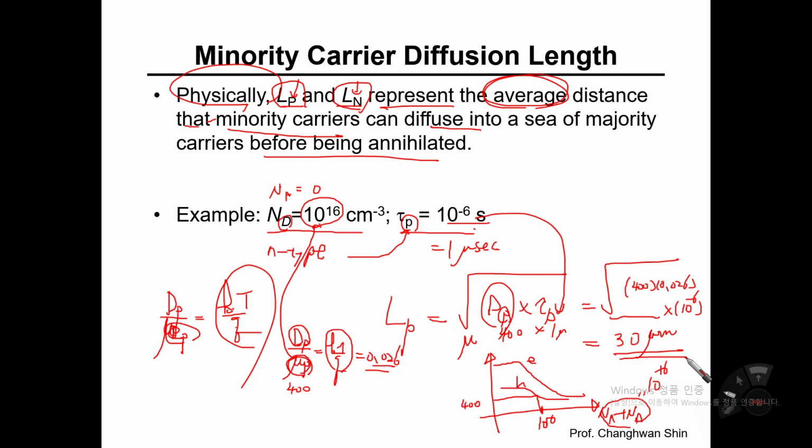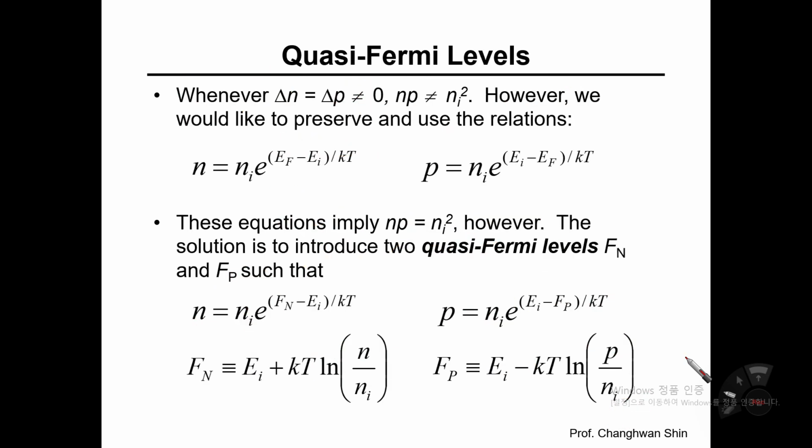Then you can simply say, hey, maybe just a few tens of micrometers, 10 to the minus 5 meter scale. Then your boss would be very happy. Okay, so remember that number as your own reference. All right.